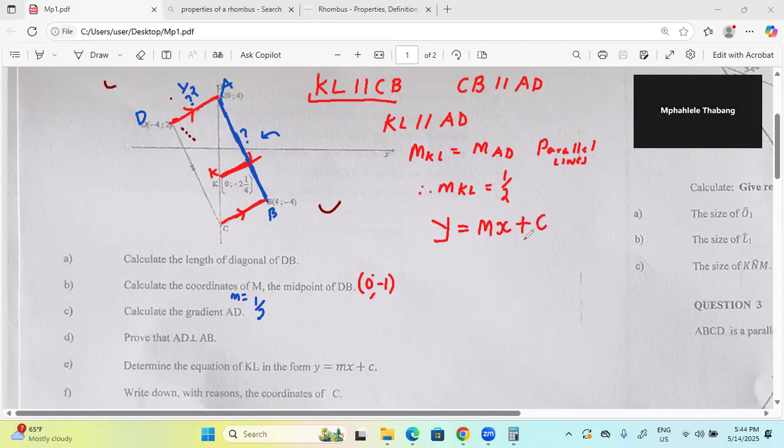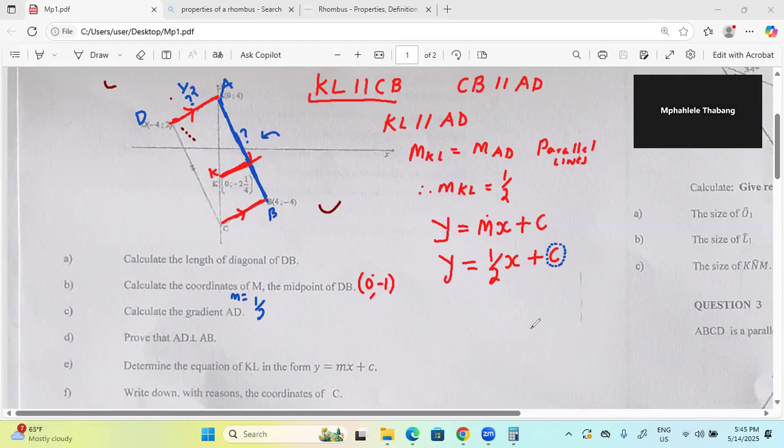So y equals m, which is 1 over 2, x plus c. So you have y equals 1 over 2 x plus c. You are almost done finding the equation of the line KL. You only need to find c now.